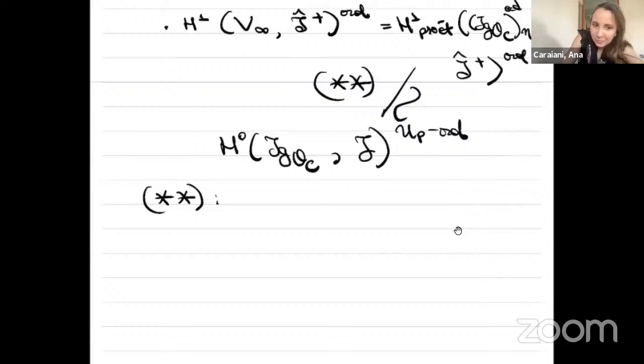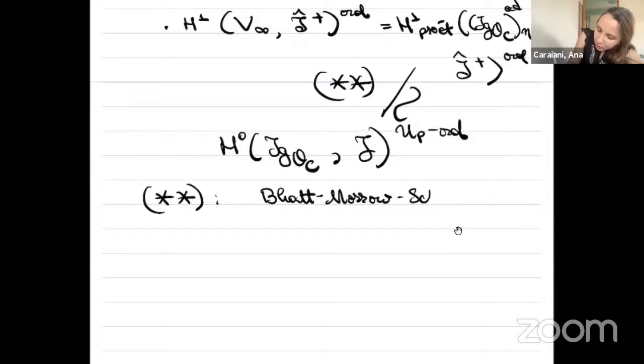This is a result due to Bhatt, Morrow, and Scholze. So it's contained within their first paper on integral p-adic Hodge theory, except I guess you need to handle a boundary divisor and work with some kind of logarithmic structures.